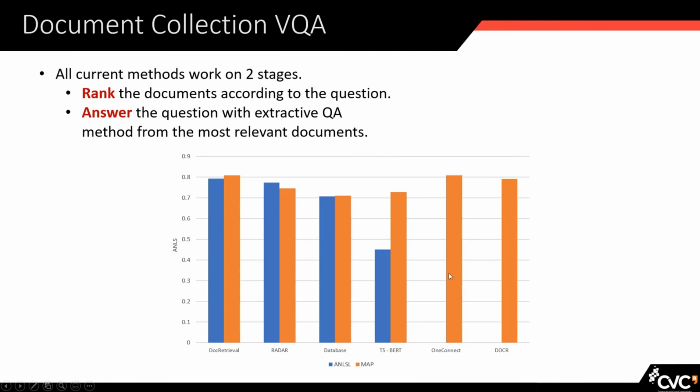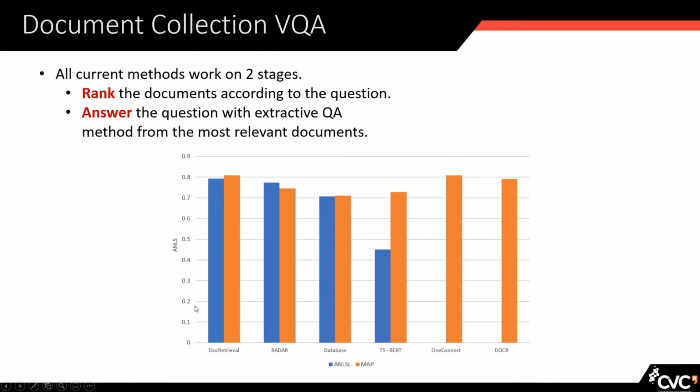However, as I was saying, the current methods that we have nowadays are quite simple and work in 2 stages, where first they rank the documents according to the question, and then they answer the question with extractive methods from the most relevant documents.